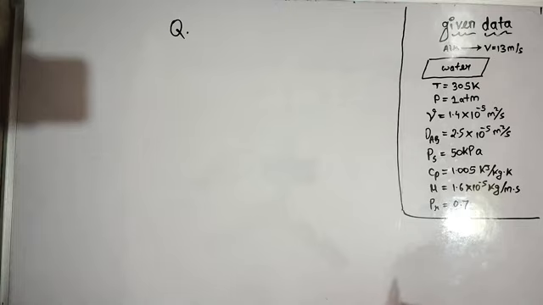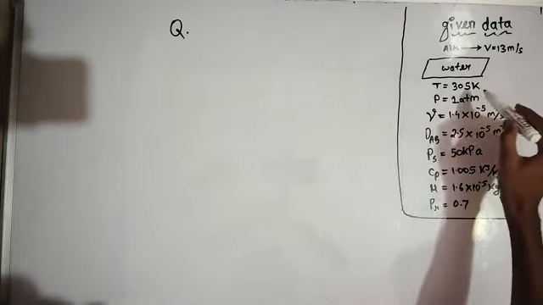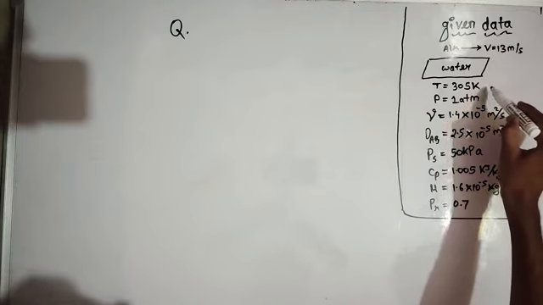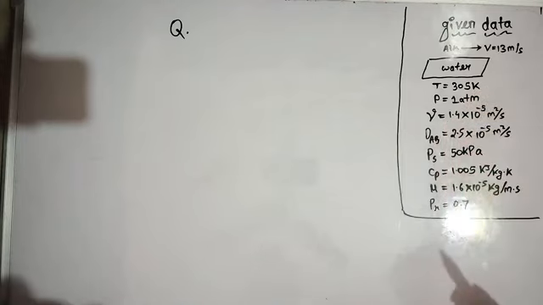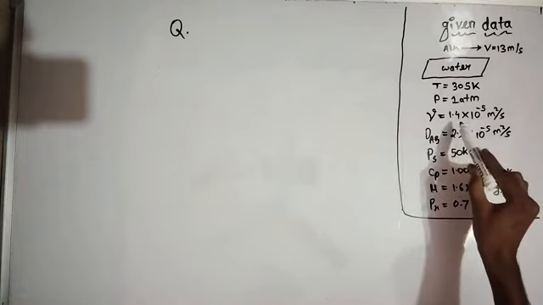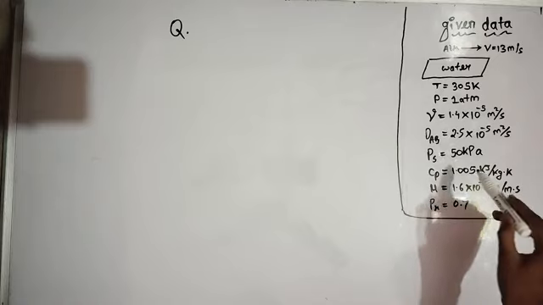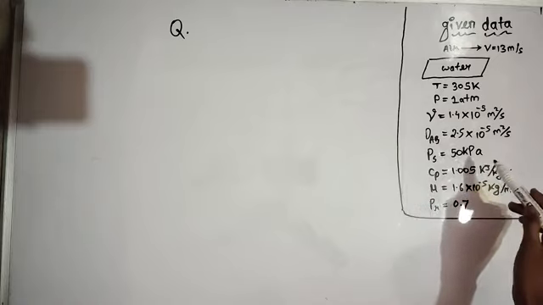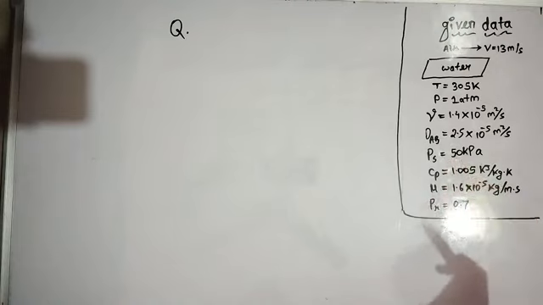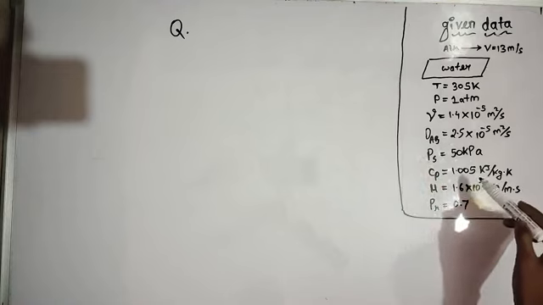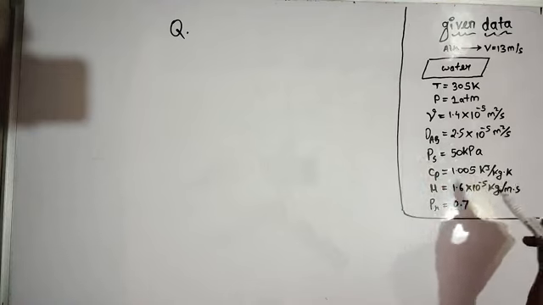So now we have written down the given data. We have written that temperature of the air is 105 Kelvin, pressure is 1 atmosphere, kinematic viscosity is given as 1.4 into 10 raised to power minus 5 meter square per second, diffusivity of water vapor in air is given as 2.5 into 10 raised to power minus 5 meter square per second, partial pressure of water vapor at the surface is given as 50 kilopascal, and heat capacity is also given here as 1.005 kilojoule per kg Kelvin.